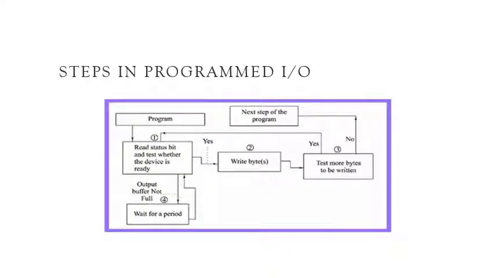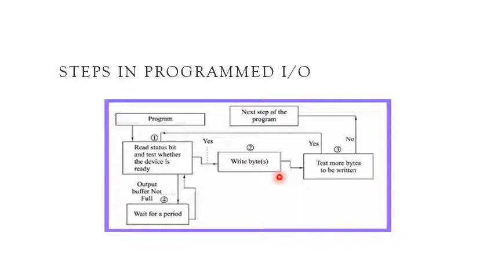Steps in programming the programmed I/O. The processor is executing a program and encounters an instruction related to I/O operation. The processor then executes the instruction by issuing a command to the appropriate I/O module.